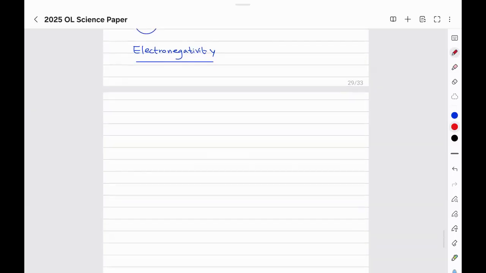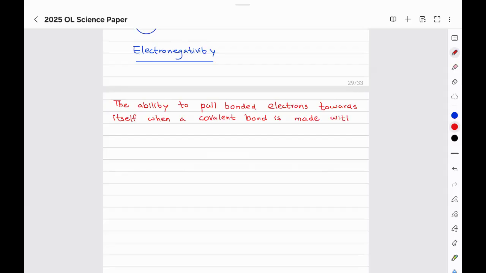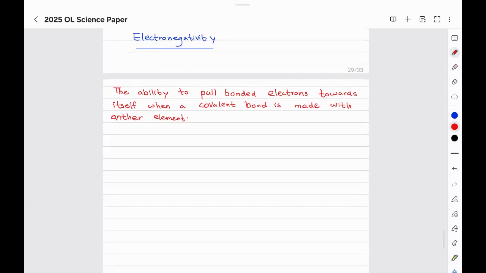You have learned these things in grade 10, but it's okay. The ability to pull bonded electrons towards itself when a covalent bond is made with another element is known as electronegativity.